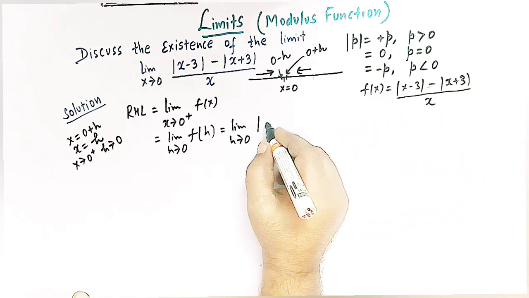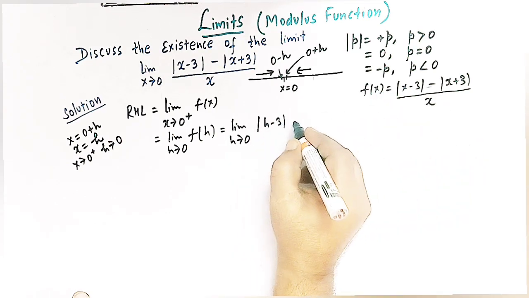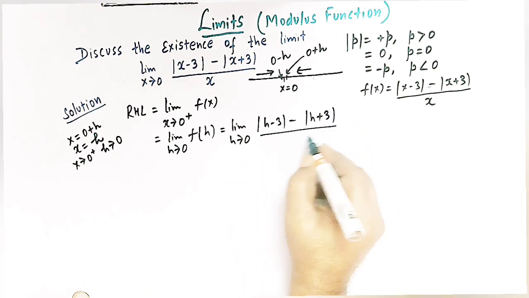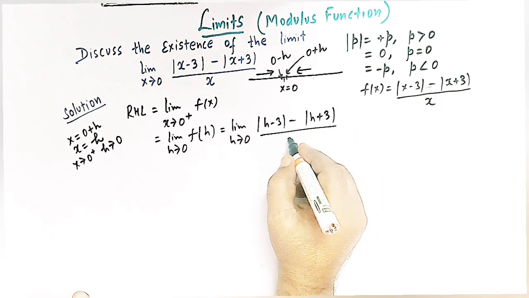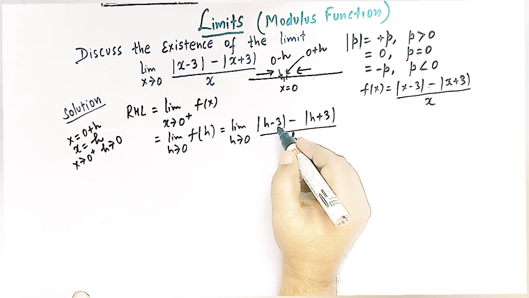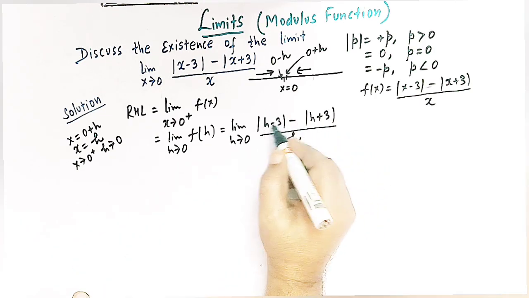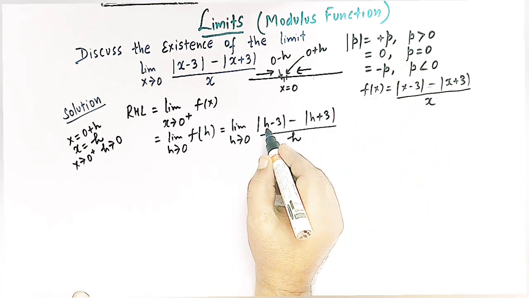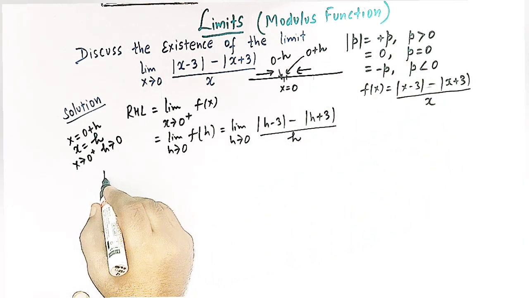So we have mod of h minus 3 minus mod of h plus 3, and here for x we have h, right? So now we have to take care of these two terms, that is the mod functions. So we'll use this definition. Now see, h minus 3.